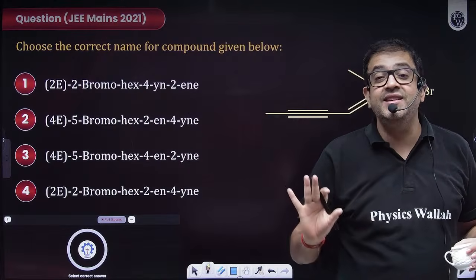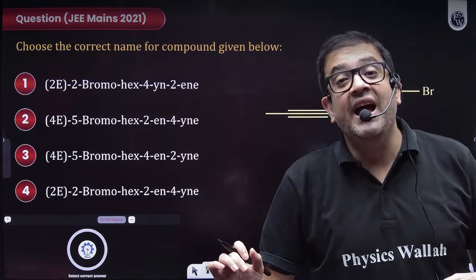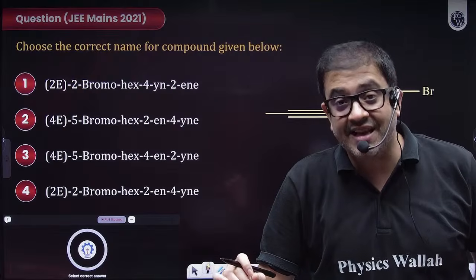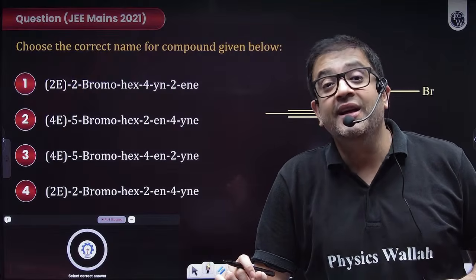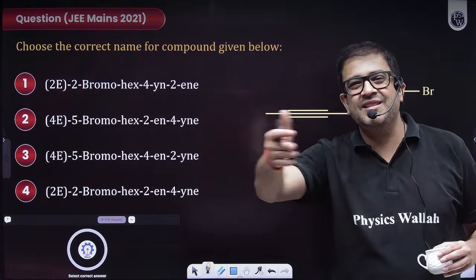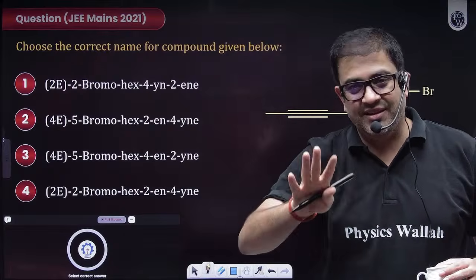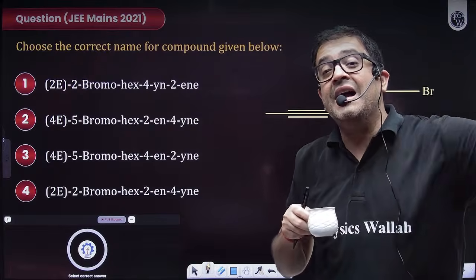Hence it is generally said that an electron withdrawing group increases acidic nature and an electron donating group decreases acidic nature. Sir, if you add more alkyl groups, adding an alkyl group is a plus I effect, but plus I effect is practically irrelevant if it is at a large distance.